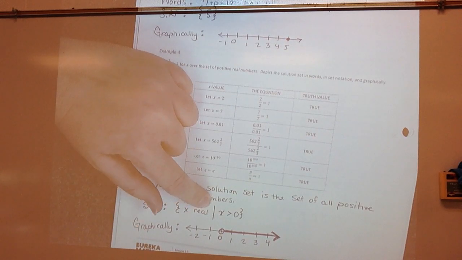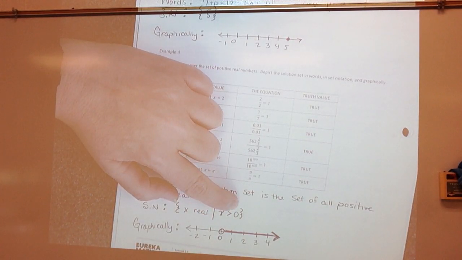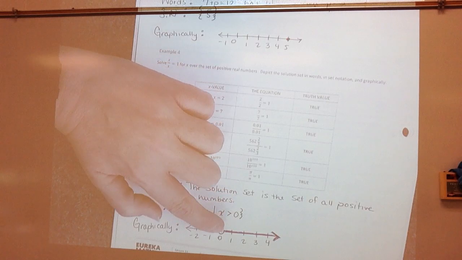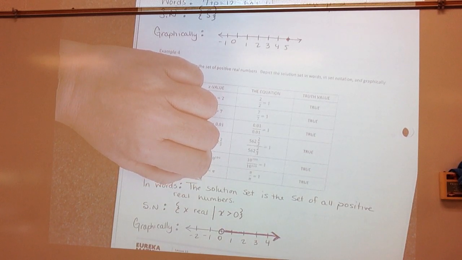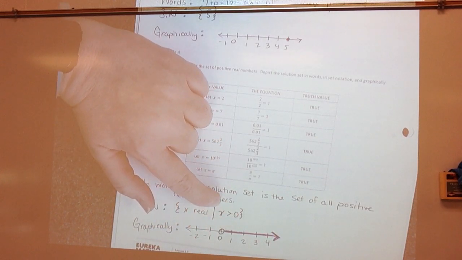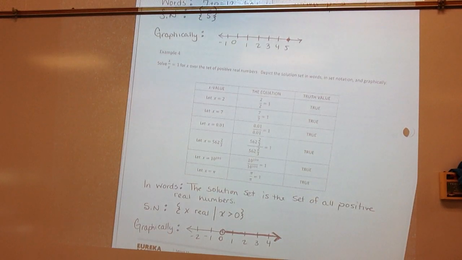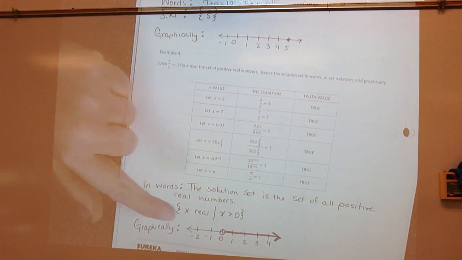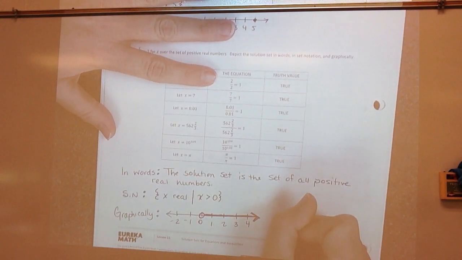Then I'm going to tell you what type of number, and it's a real number. And then I'm going to tell you what are the specifications. In this case, x has to be greater than 0. This is read as such that, okay? So x is real such that x has to be greater than 0. Once again, solid dot means it is included.